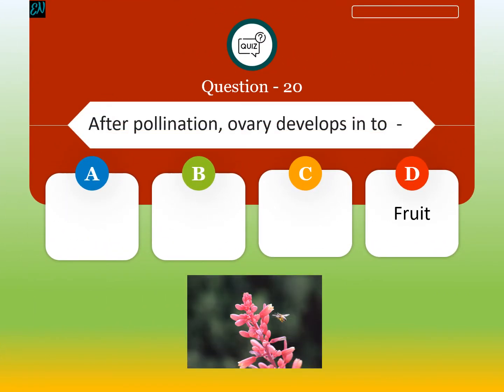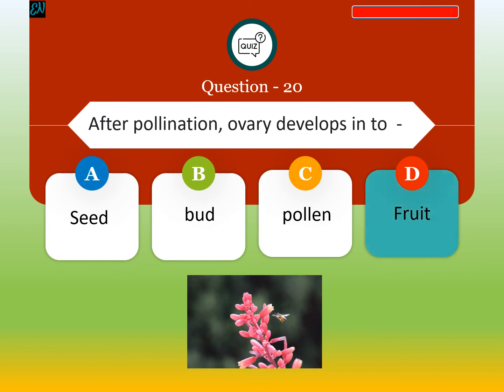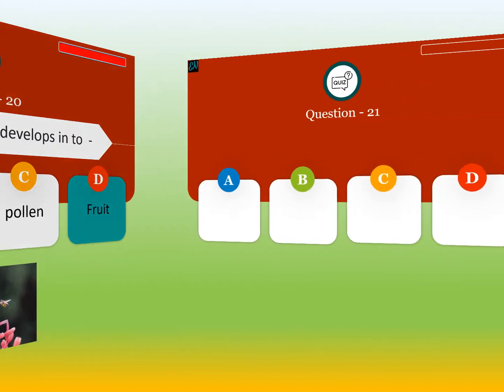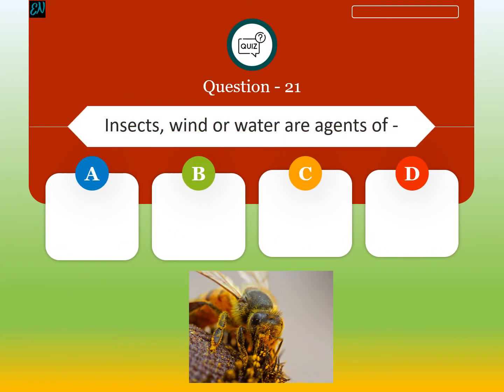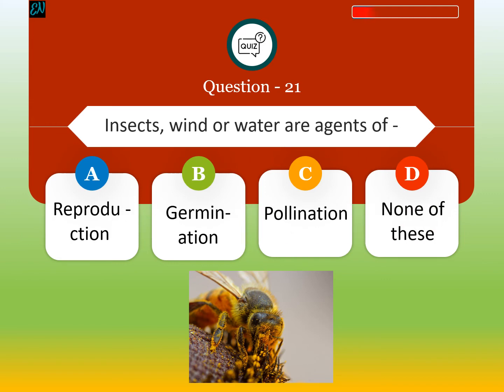Question number 20. After pollination, ovary develops into seed, bud, pollen, or fruit. So, after pollination, ovary develops into fruit. D is the correct answer. Question number 21. Insects, wind, or water are the agents of reproduction, germination, pollination, or none of these.